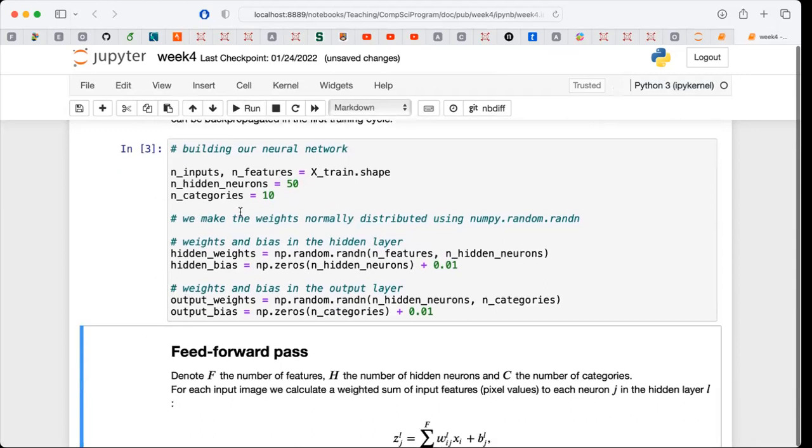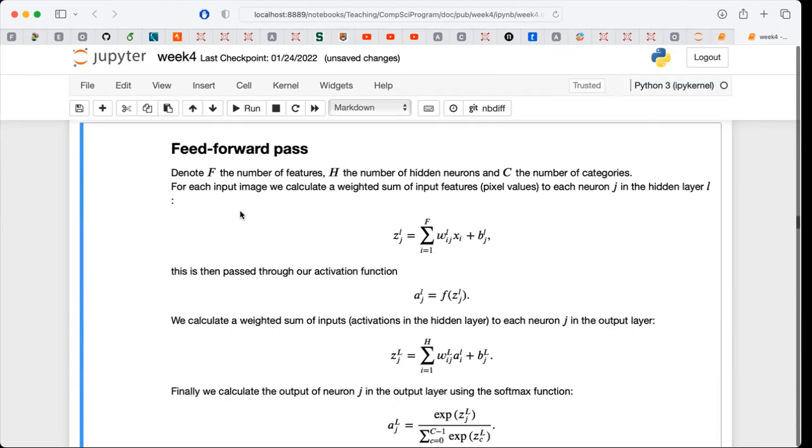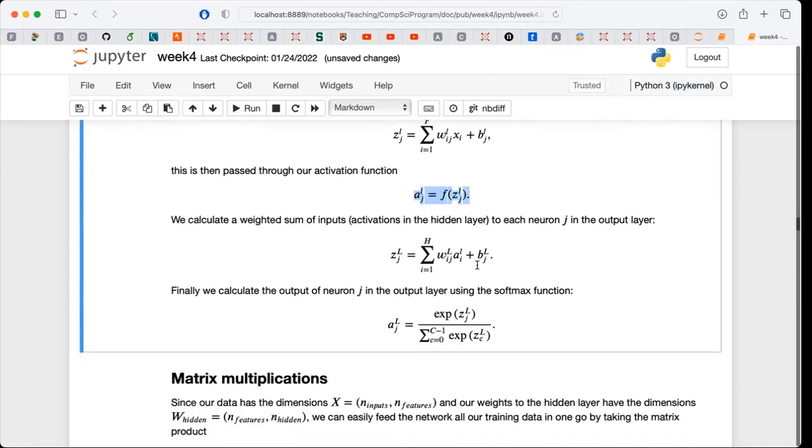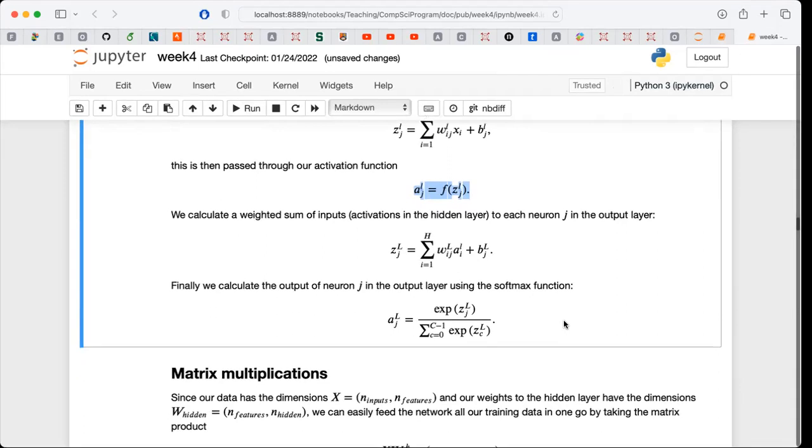And then the first pass now is the feed forward pass. So if we look at the feed forward pass, we are now producing an input to every node in the hidden layer. We produce an output through the activation function. And finally, in this uppercase L here, which is the output layer, we now produce an output which is given by this softmax function.